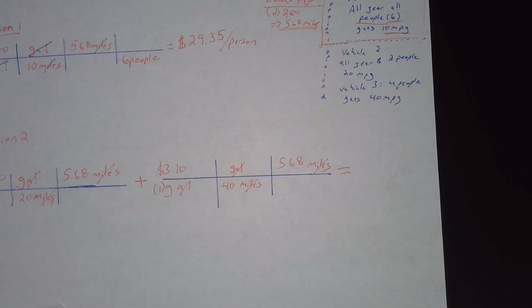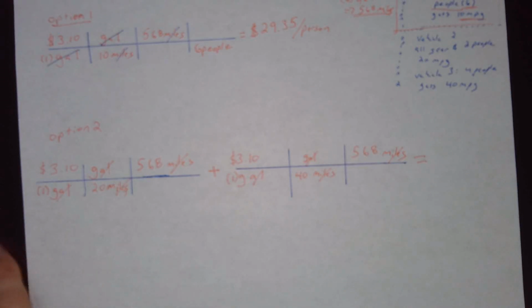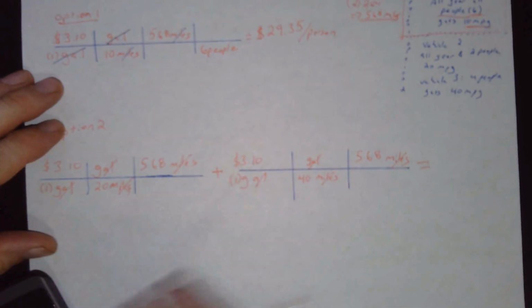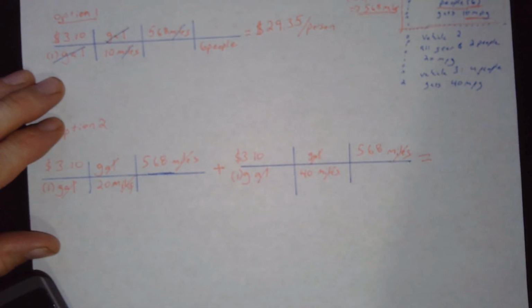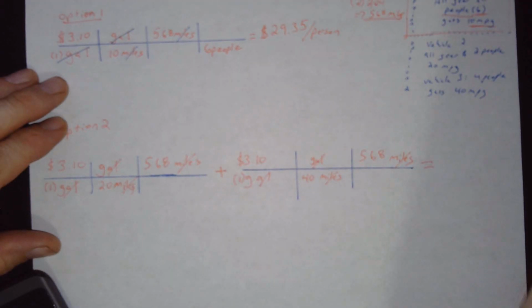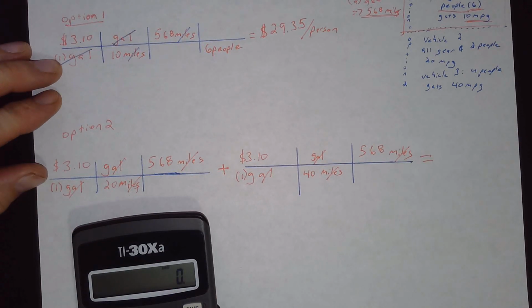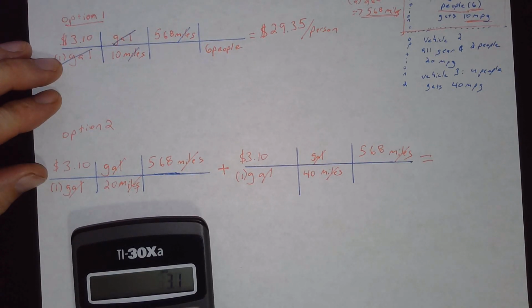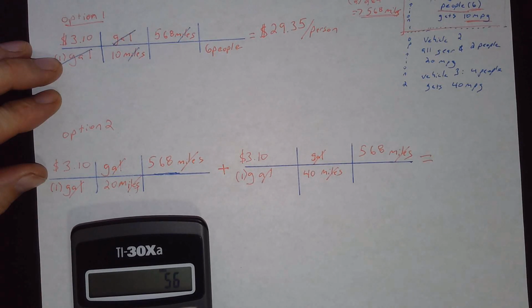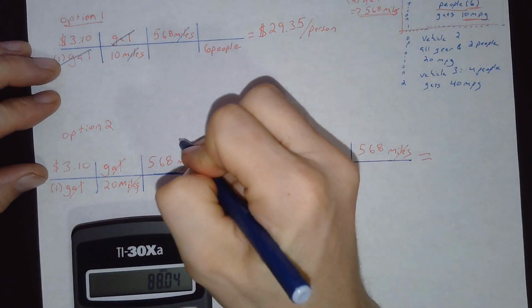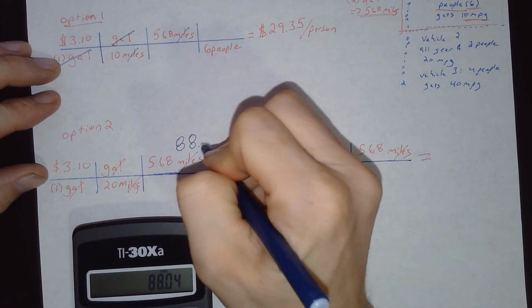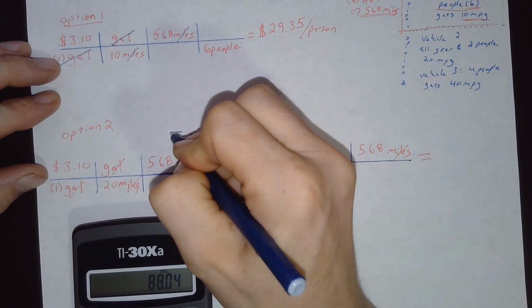All right, so let's do that. Let's do this one. 310 divided by 20 times 568. This value here is $88.04.